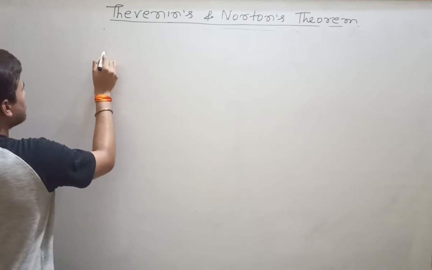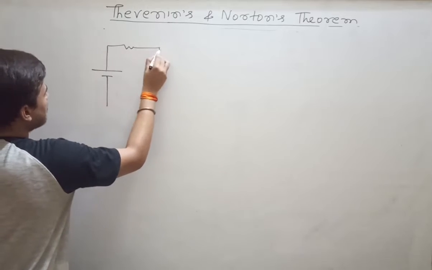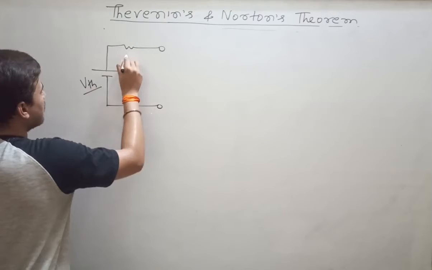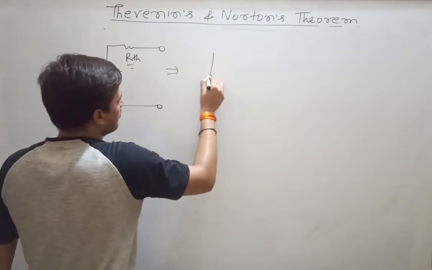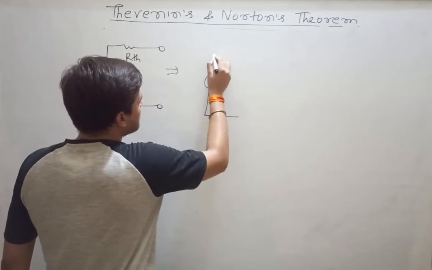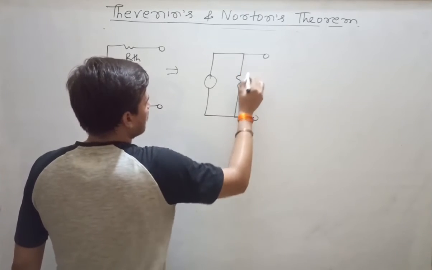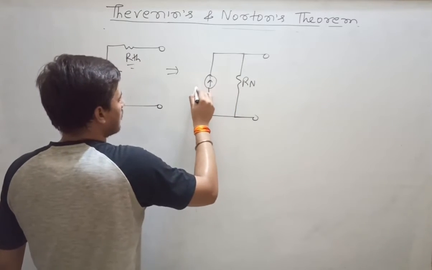That means if you are having VTH and RTH, you can replace it by Rn and In.